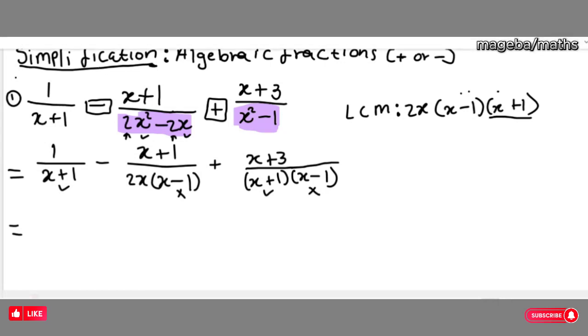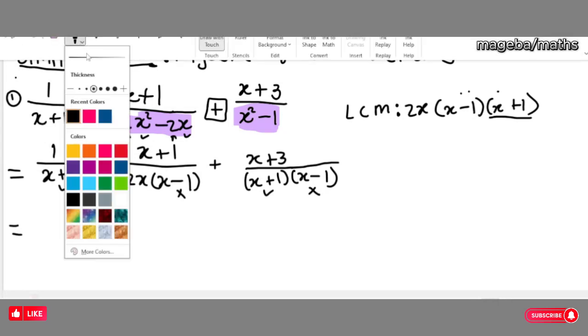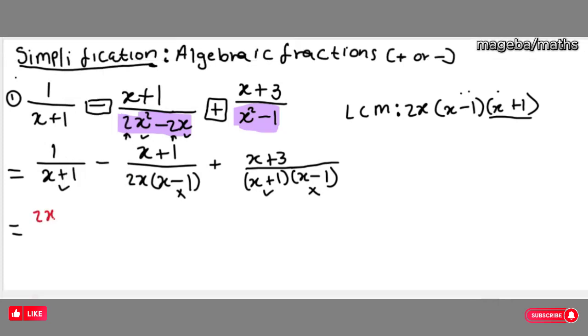So let me just write it with a different color. Then, take rate. So I'm going to say 2x into x minus 1 all over 2x into x minus 1, times it with this whole fraction here.